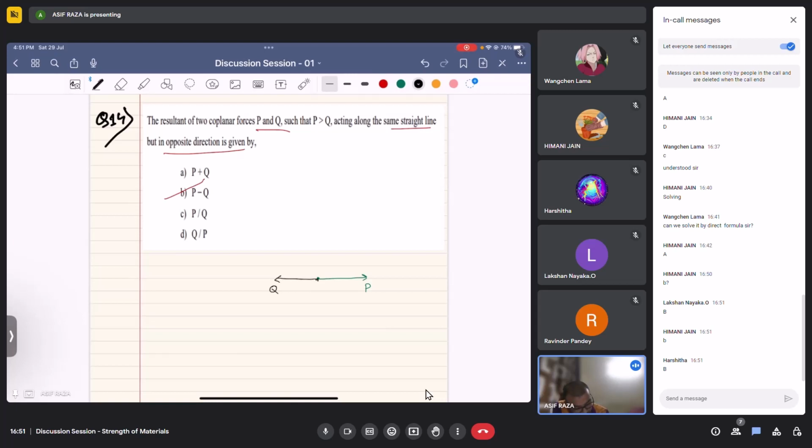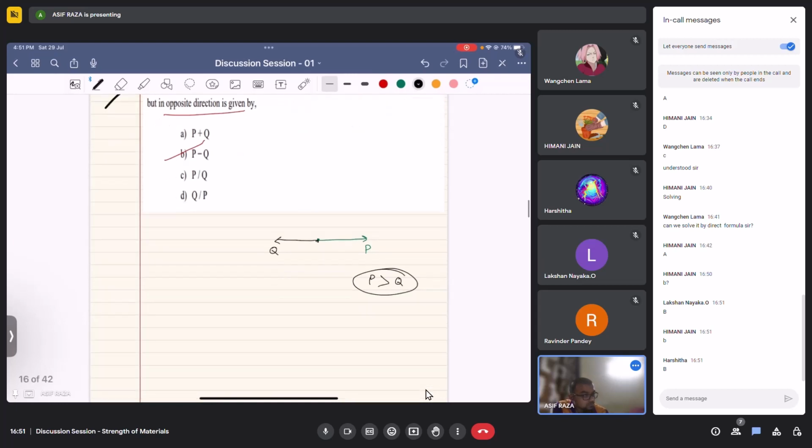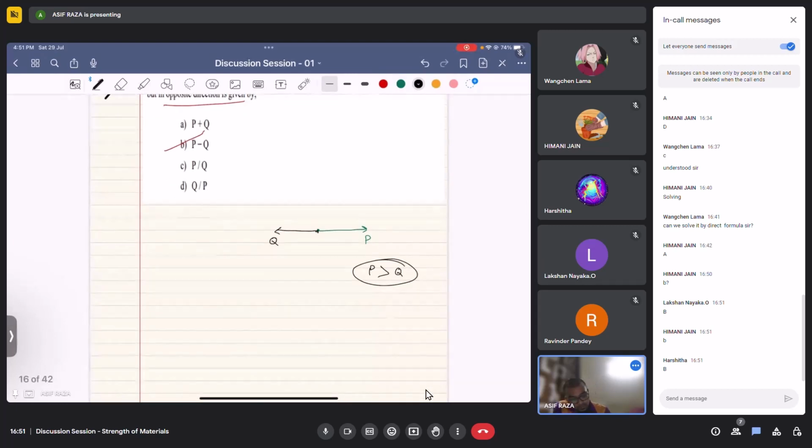And P has greater magnitude than Q. So directly using the formula also we can calculate, with 2PQ cos theta. So what would be P square plus Q square plus 2PQ cos theta?